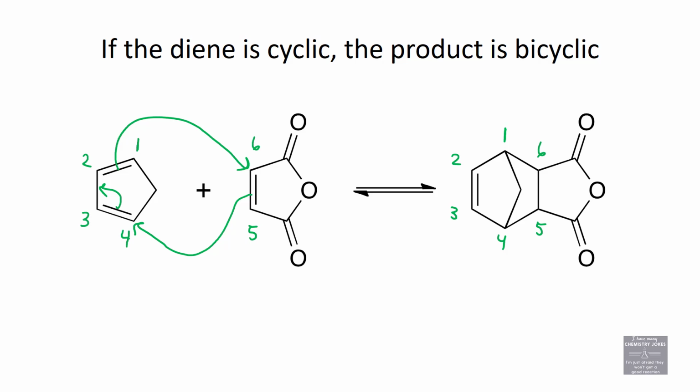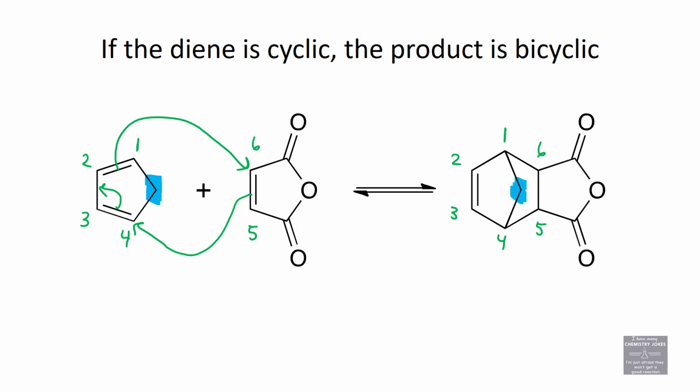Diels-Alder always makes a cyclohexene. But this carbon was in the middle of carbon 1 and 4. When carbon 1 and 6 made a new bond, and carbon 4 and 5 made a new bond, it did not disturb that carbon in the middle whatsoever, so that carbon in the middle still needs to be shown.